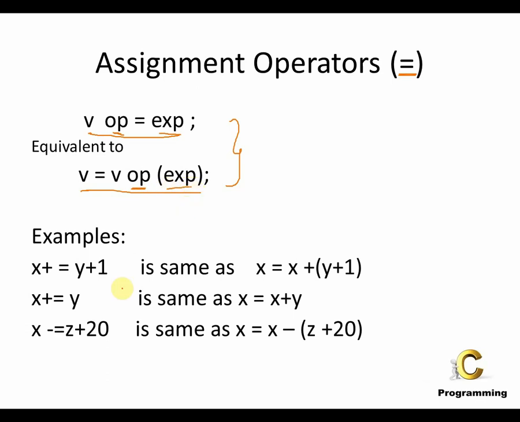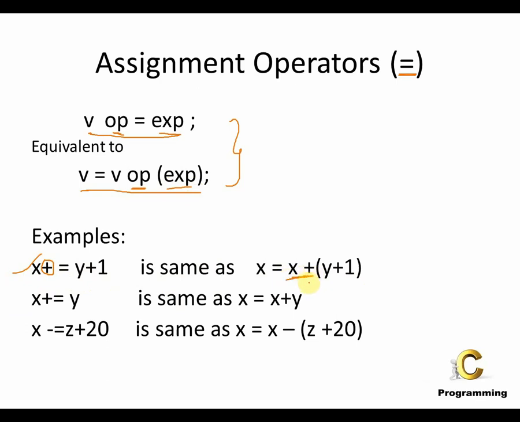Okay, let's look at this example. The first example: if we have a representation like x plus equal to y plus 1, then this is the same as, or equivalent to, writing x equal to x plus y plus 1. So if you see, this part is then performed over here.